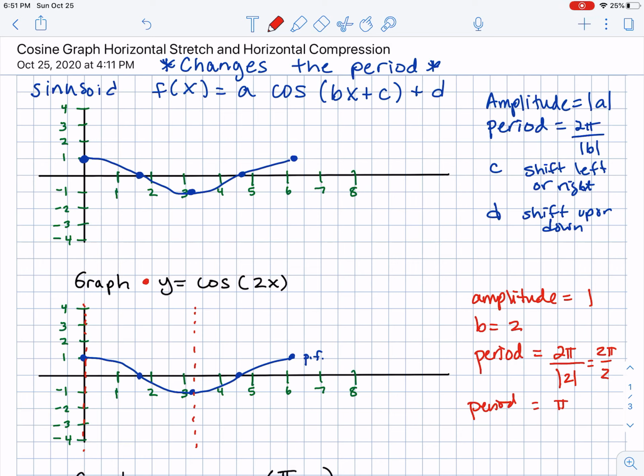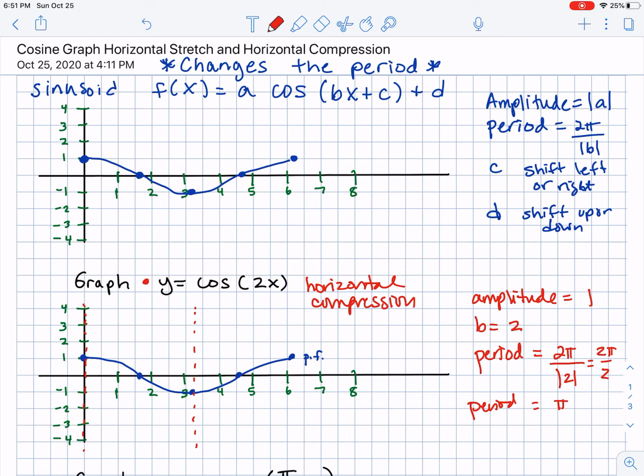So this is going to be that horizontal compression, a shrink. Horizontal compression, which is your shrink. Okay? So what that means is that my x values are going to get multiplied by 2 to give me those y values.